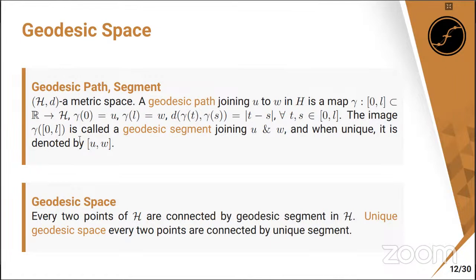The image set of gamma is called the geodesic segment connecting u and w. When it is unique, we denote it by [u, w] using this notation.